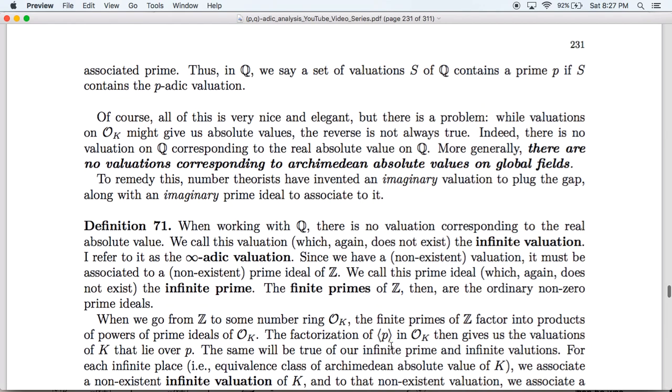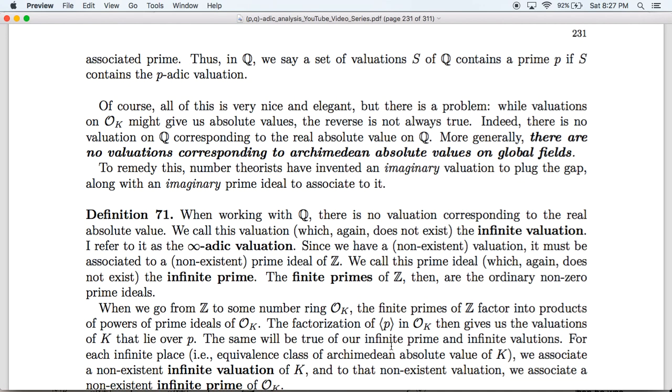Now, as we saw, when going from Z to a number ring O_K, the prime ideals, the finite primes of Z, will factor into products of powers of prime ideals of O_K. The factorization of the prime ideal P from Z, if we factor that in O_K, we will then get all the prime ideals that lie over P in O_K, and then that gives us all of the valuations that lie over P. We're going to then do the exact same thing for the infinite prime and the infinite valuations.